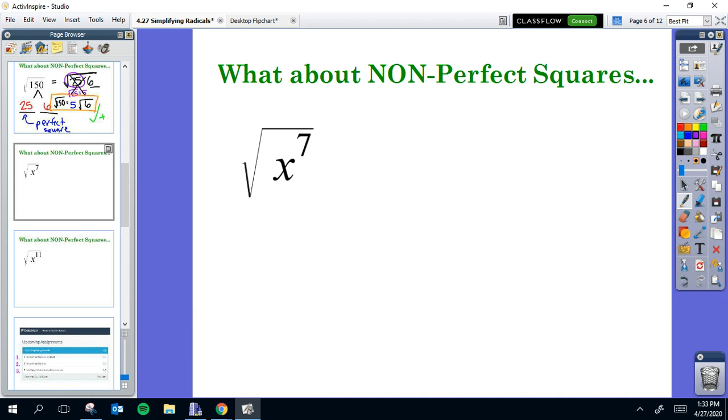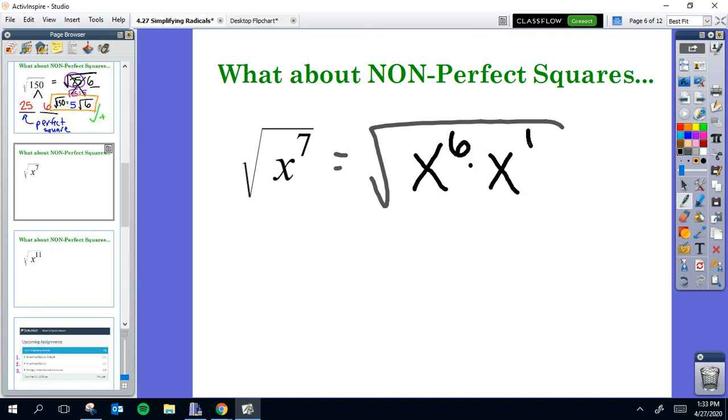So what I'm going to do is figure out what numbers go inside x to the power of 7. I know x to the 6th times x to the 1st is equivalent to x to the 7th. Now I can circle my perfect square, which is the even number.